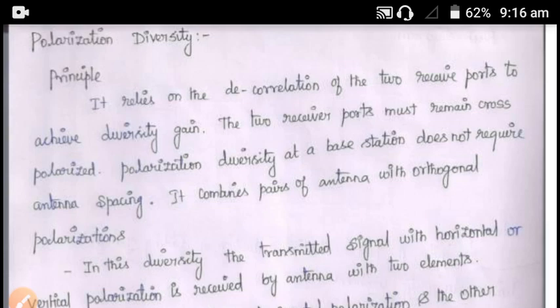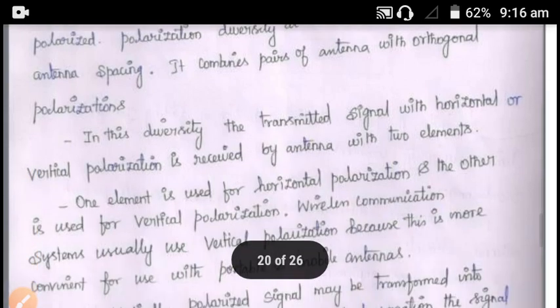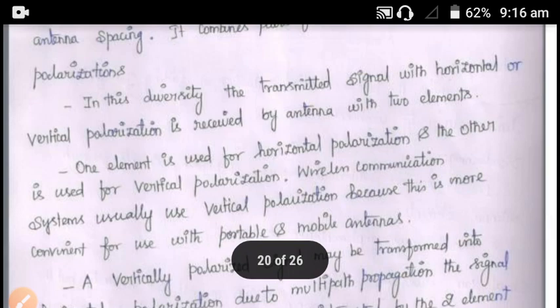In polarization diversity, it compares pairs of antennas with orthogonal polarization. In this diversity, the transmitted signal with horizontal or vertical polarization is received by an antenna with two elements.